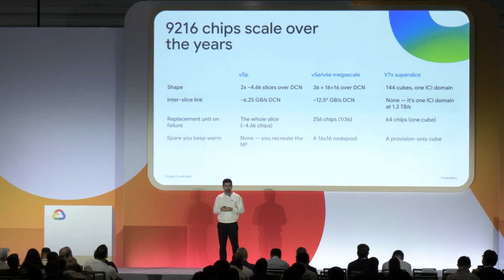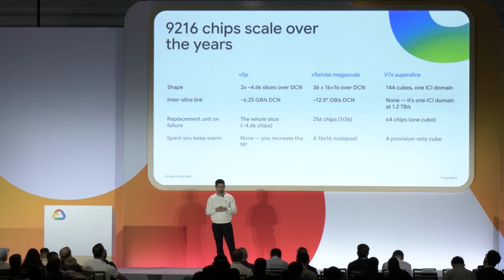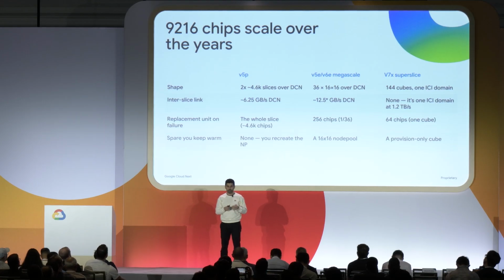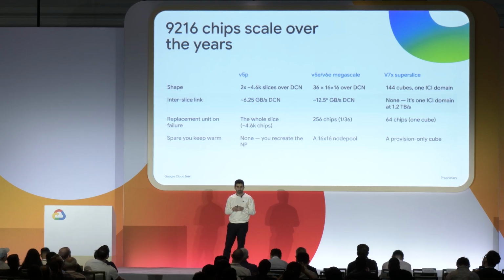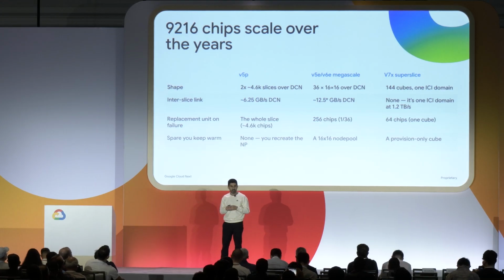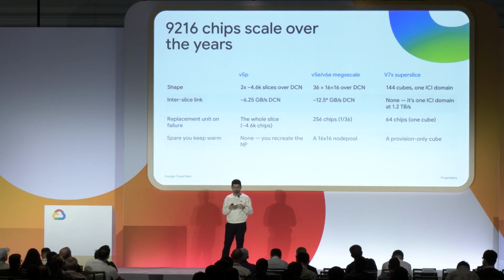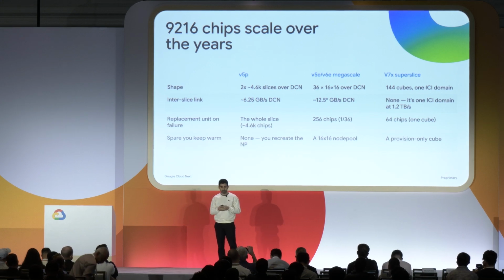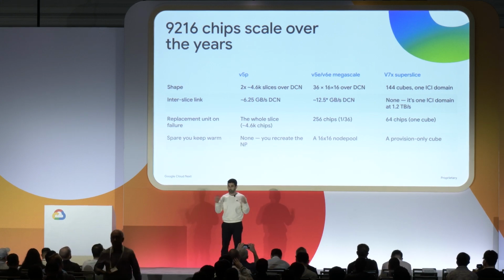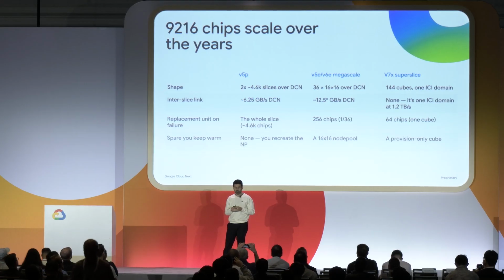So to summarize, this is one way of looking at what the ICI domain for V7X is, up to 9,200 chips, and how it has changed over the years. With V5P, we would actually need 2 pods connected over DCN to get to that scale. With V5E and V6E, which are optimized for different use cases, you would have to connect 36 16-by-16s over DCN.